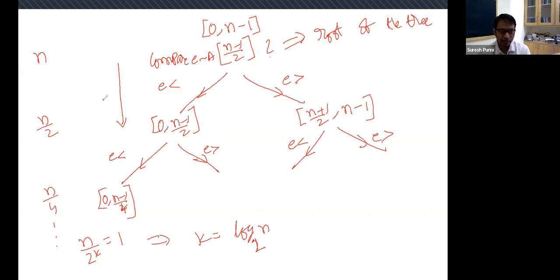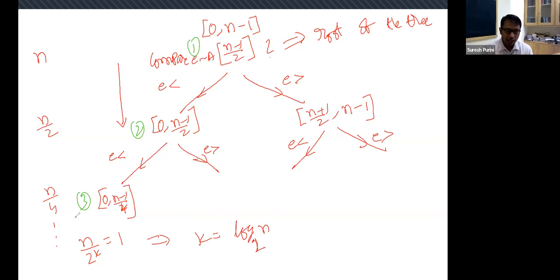As you keep going down, the size of the interval keeps going down. Let's say if you take the leftmost path, this is the first comparison, this is where the second comparison happens, this is where the third comparison happens. If you keep going down, the size of the interval keeps going down by half and half.